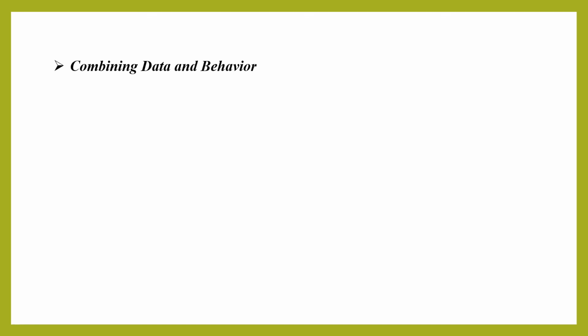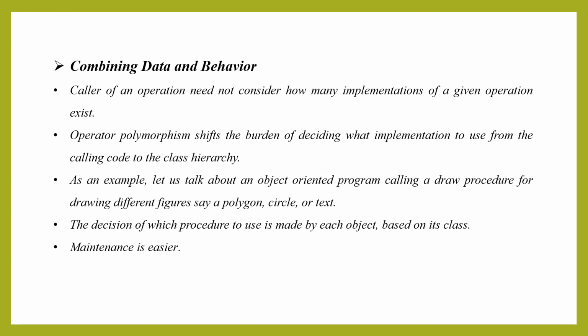Let us see what is combining data and behavior. Here we know that there is a caller function and a called function. The caller of an operation is not concerned with the implementation. Operator polymorphism shifts the decision of what has to be implemented away from the calling code.